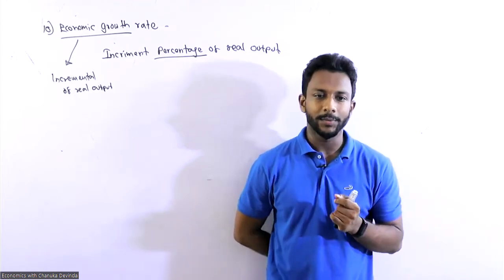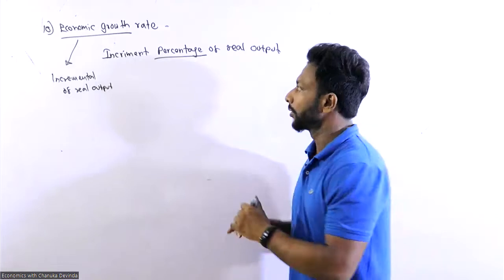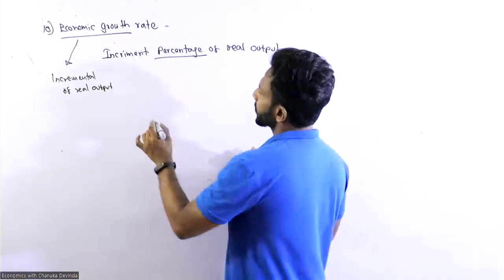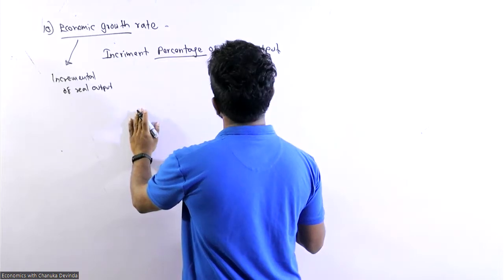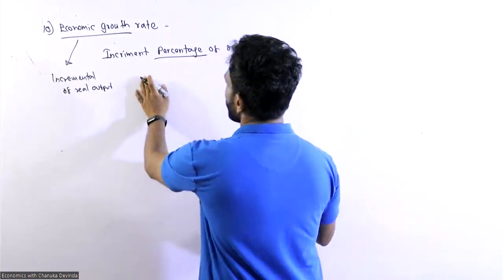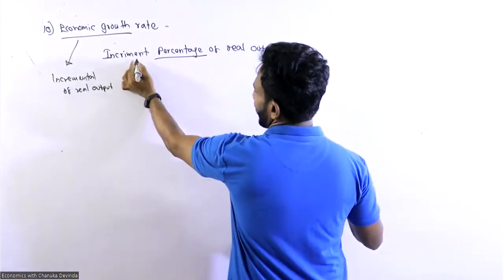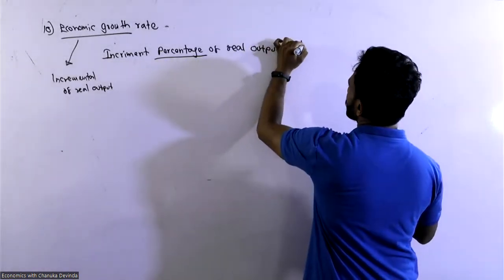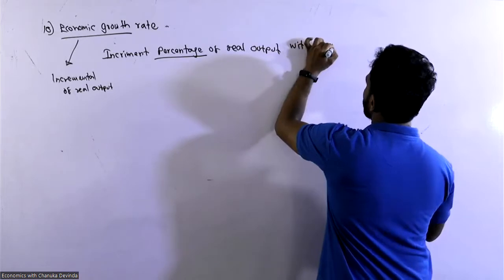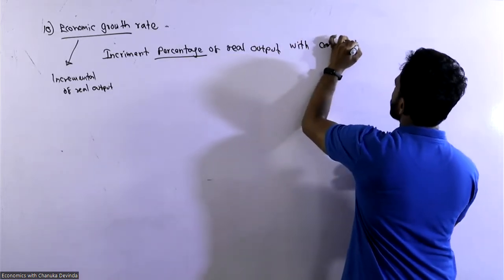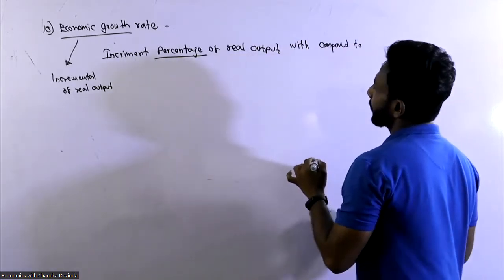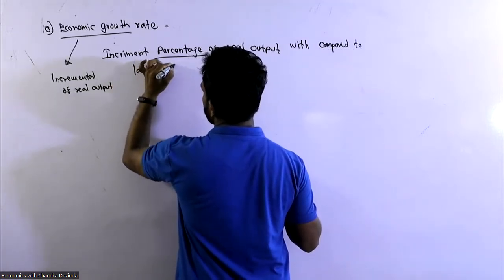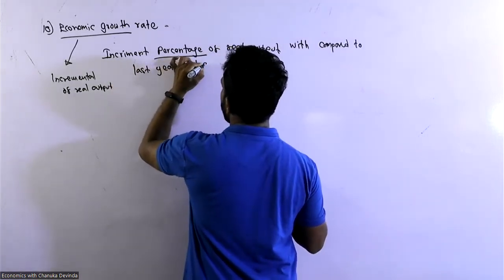Let's fix that a bit, since it gets confusing. Write it like this: The economic growth rate is the increment percentage of real output compared to last year real output.